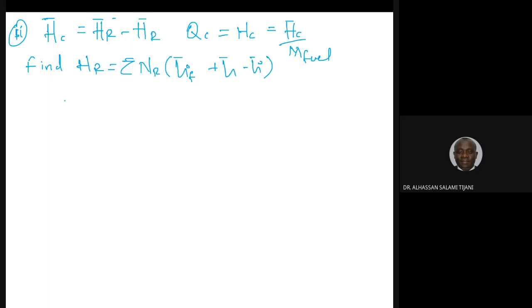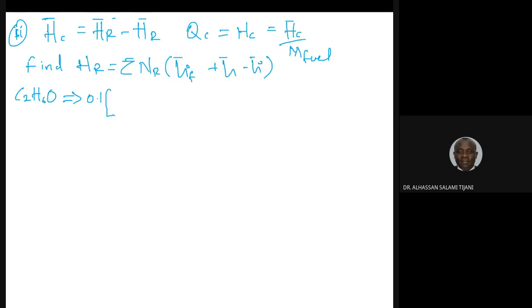Okay, so if we look in the reactant side, first let us take C2H6O. So this implies that we have the number of moles of this fuel is 0.1. Be careful, please.